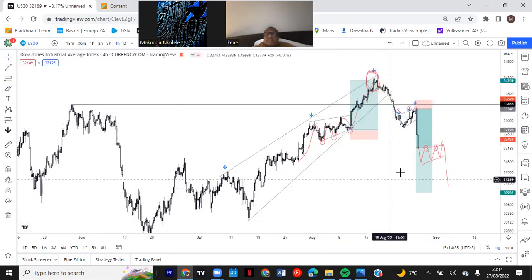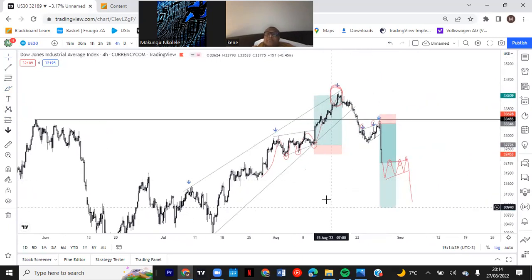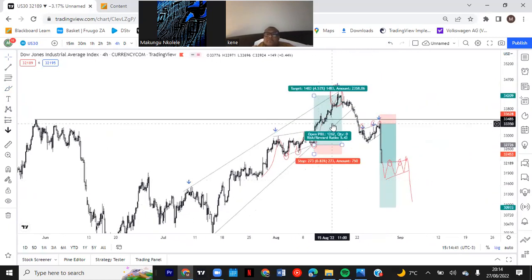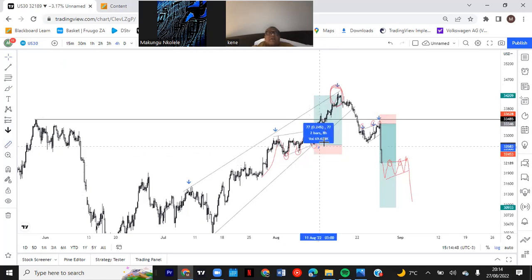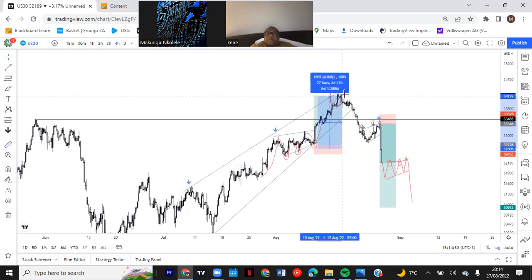So remember, how many pips? It's about 4% using the measurement tool. About 14 pips. Now it's not 14 pips, it's 1600 pips. Okay, 1600. Wow.